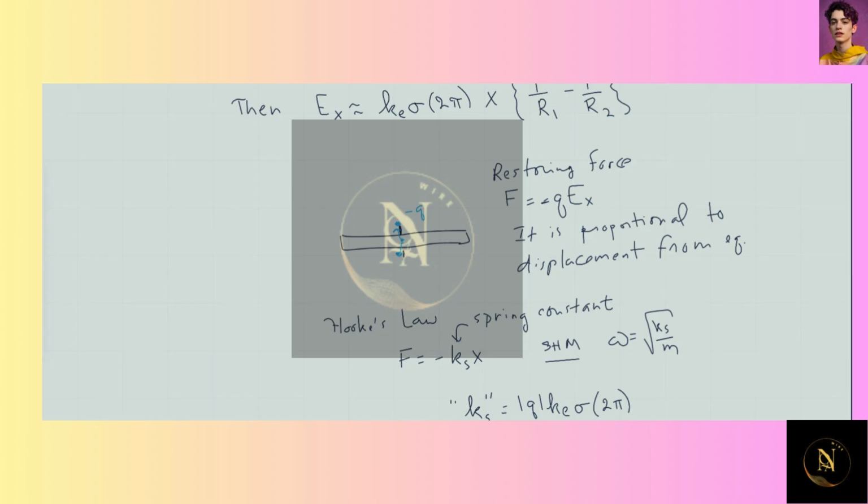And then there's this awkward 1 over R1 minus 1 over R2. So that pretty much finishes the dynamics of what would happen to a small charge near the center of this annulus that gets displaced either up or down.